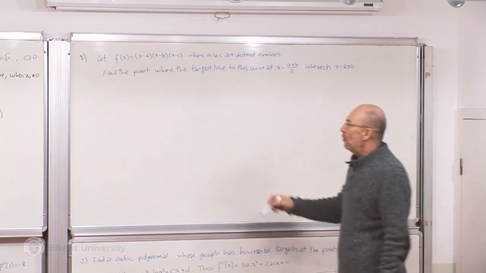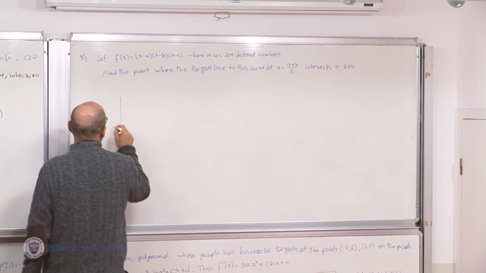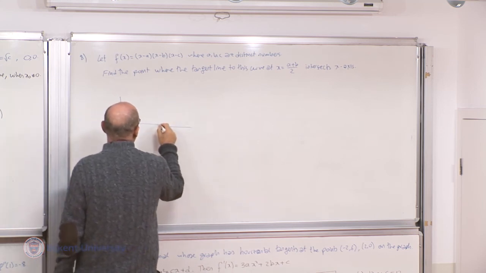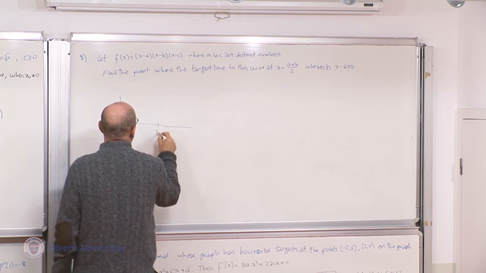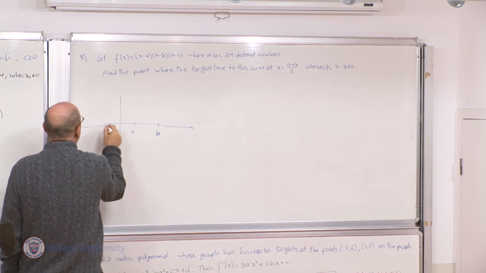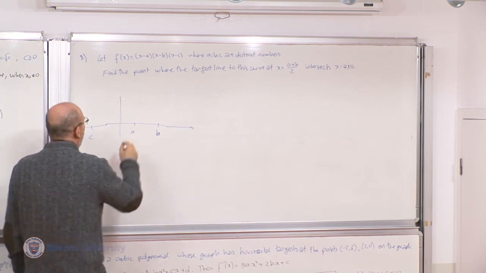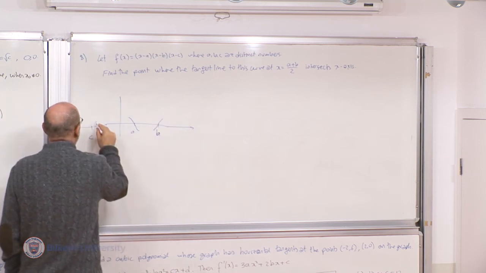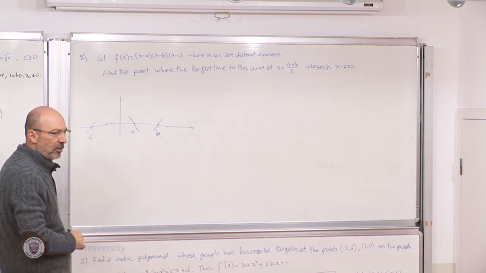So we don't know the shape of this thing. The shape will depend on the values, but suppose this is what happens: a, b, and maybe c is here. The function has a 0 here, here, and here.